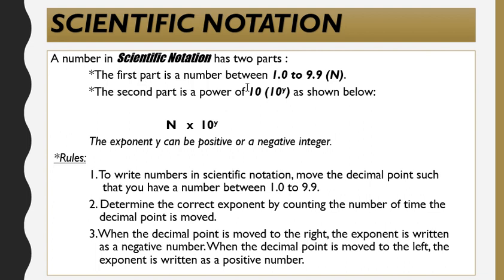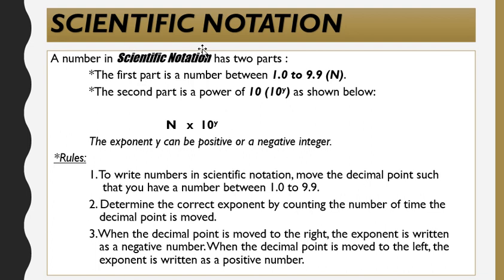The first part is a number between 1.0 to 9.9. The second part is a power of 10. As shown below, we have this number times 10 to the power of y. The exponent y can be positive or negative. We will discuss later why it is positive or why it is negative.